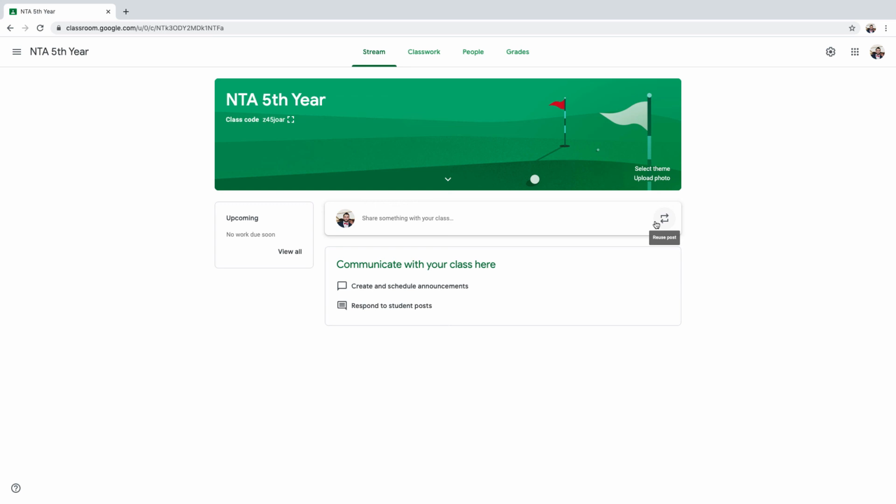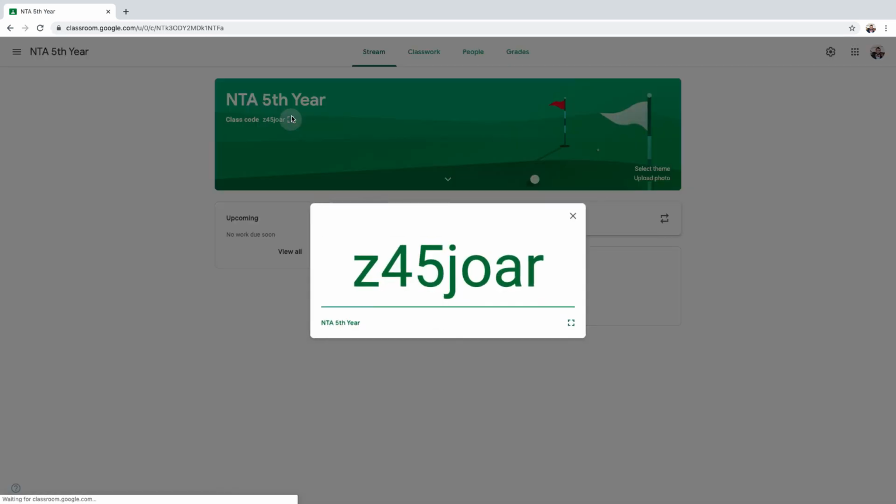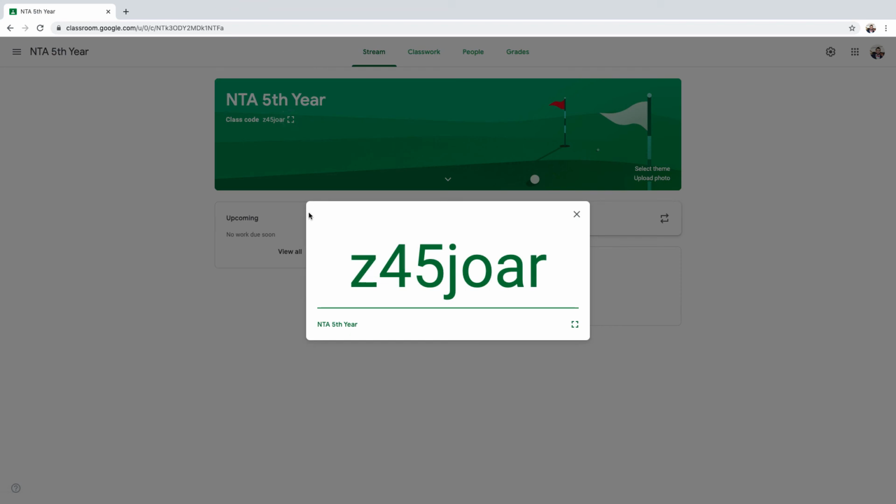You have to use your own, like Hotmail or Gmail, whatever you use. That is the code to get into it. You can download it on your phone, and literally what goes up here is the video. So everything that went up on the screen today, all the notes, everything goes up in this. And that's the code you need: Z45JOAR. What's the app name? Google Classroom. You can download it from the App Store or Android, whatever phone you have.